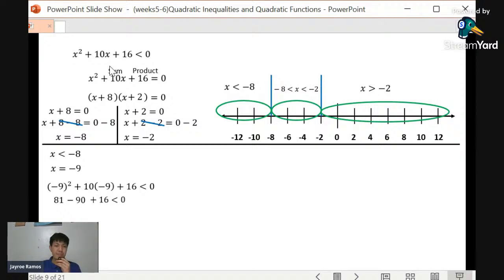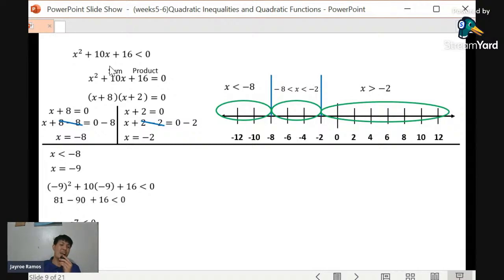After that, we're going to simplify it more. So let's combine 81 minus 90 plus 16. What is the answer here? 81 minus 90 plus 16. The answer here is 7 is less than 0.